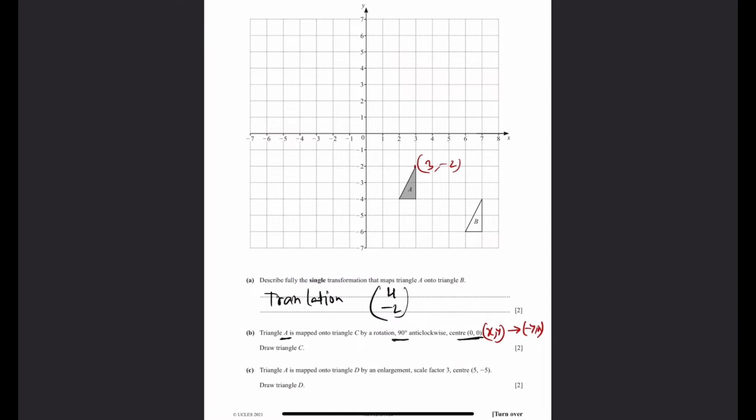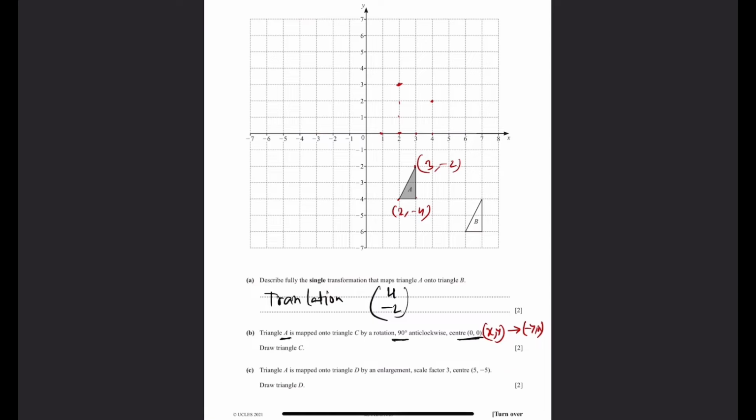3, minus 2 becomes plus 2, 3. So let me plot 2, 3 here. Then this point's coordinates are 2, minus 4, which becomes 4, 2.